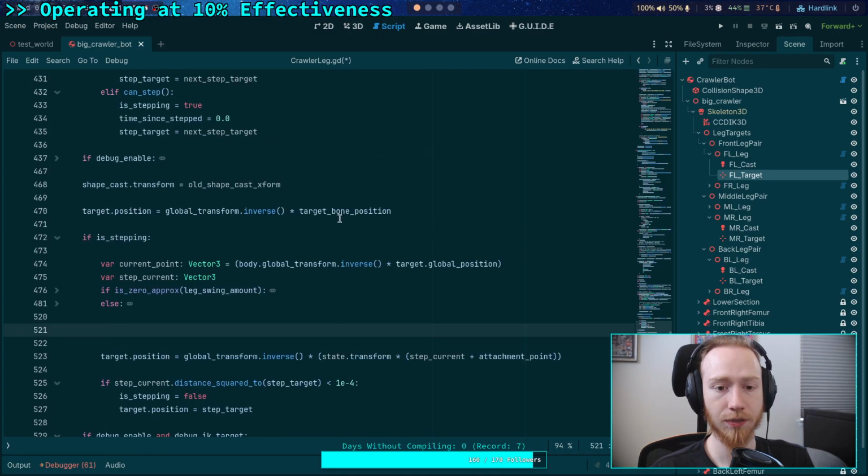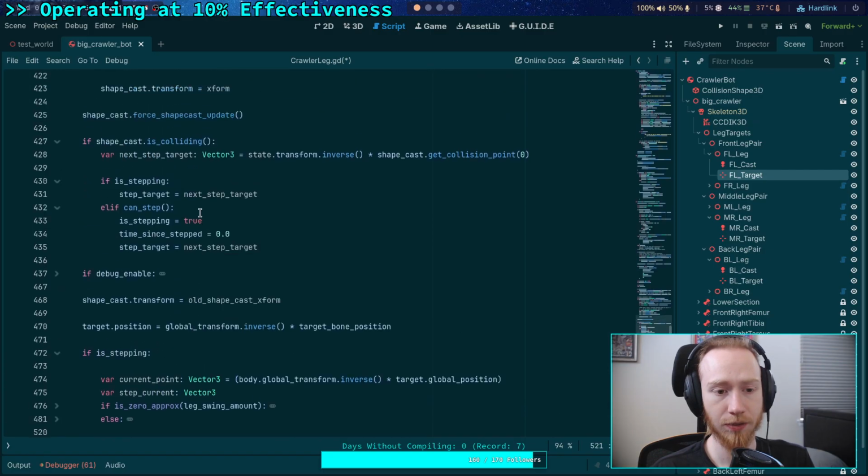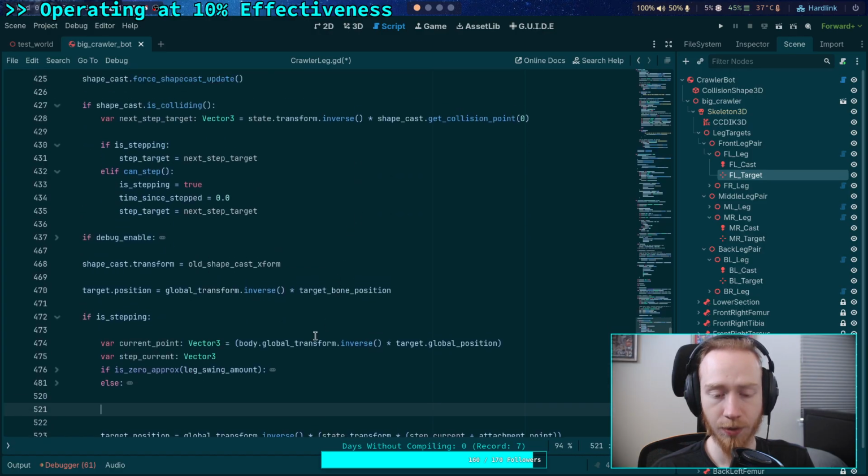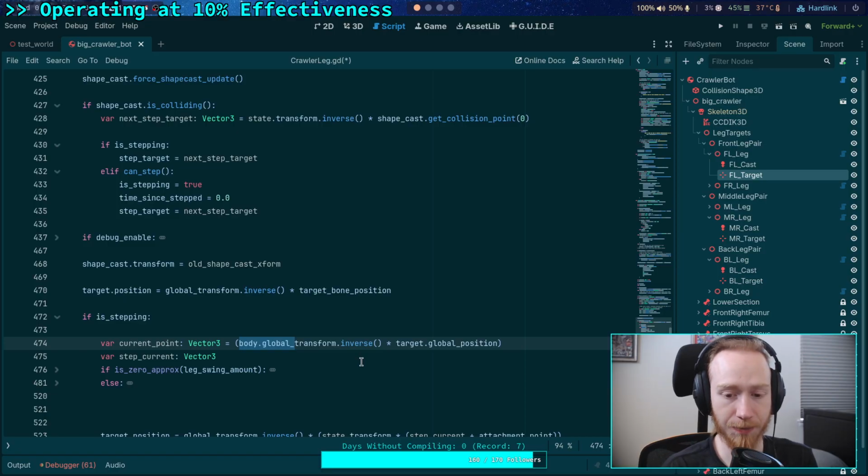Current point relative to body, target relative to body. I should probably have these be the same.